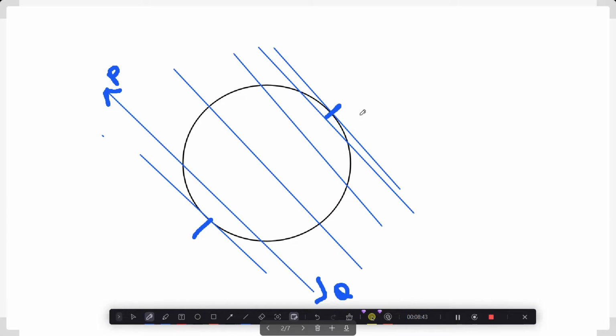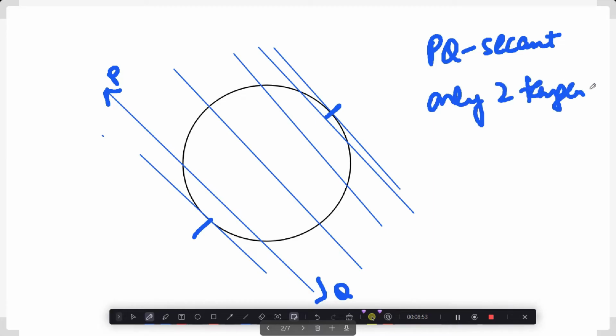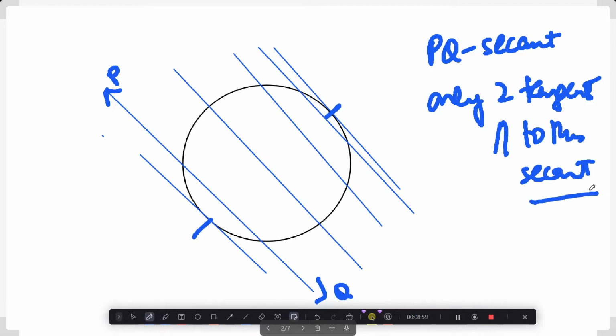So this is a secant, PQ is a secant. So there can be only 2 tangents parallel to this secant. That is what we can see by this activity.